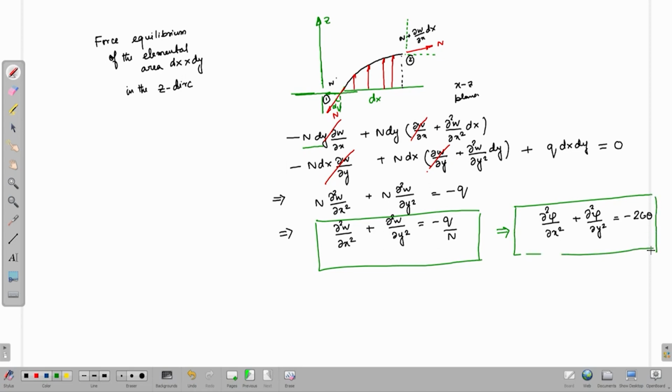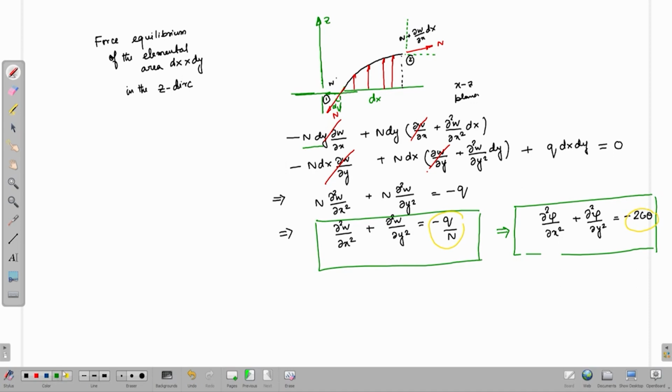Therefore, if the forces applied on the membrane, that is q by n, are such that this is similar to this, then W is going to be equal to phi.